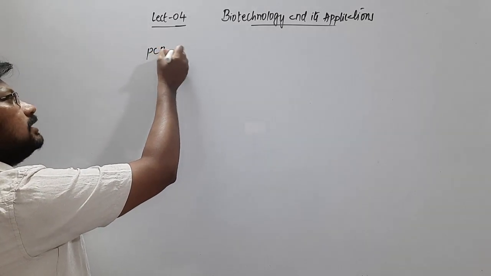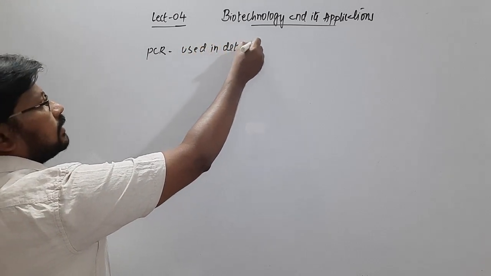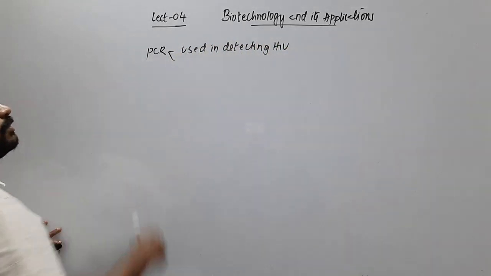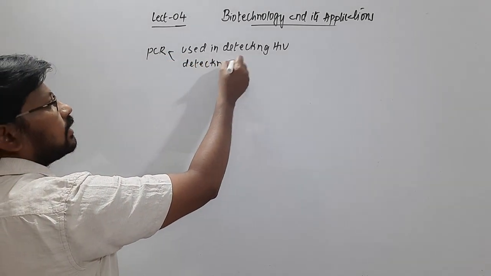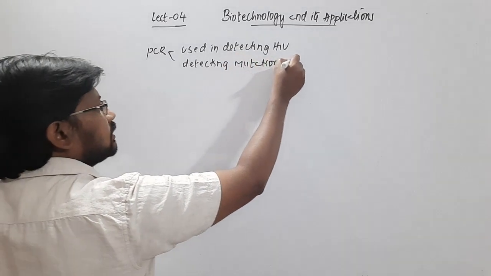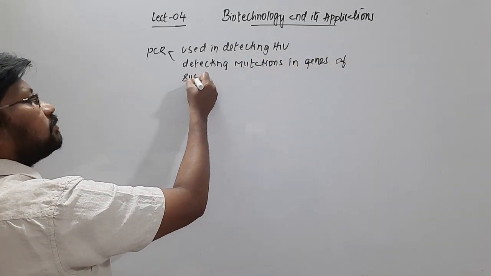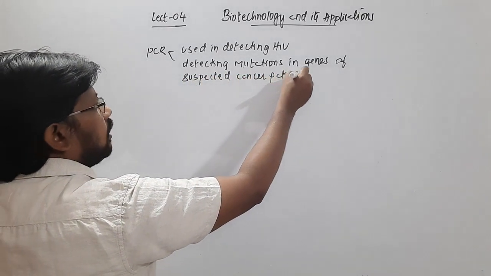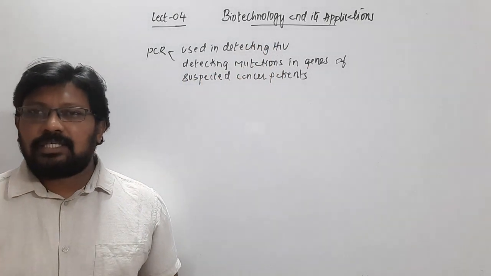So PCR is used in detecting HIV, and it is also used in detecting mutations in genes of suspected cancer patients. How we detect those mutations, I already discussed in the last session.